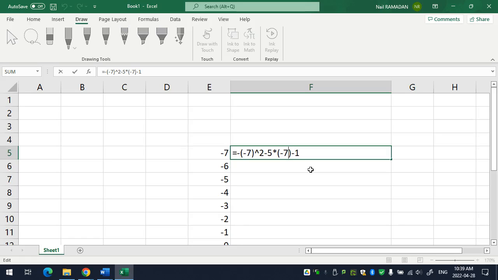Minus 7 squared is 49 with a minus. That's minus 49. Minus 5 times minus 7 is plus 35. Actually, honestly, I have no idea what's going on. I've never made a mistake with Microsoft Excel. I mean, you've seen me use it for so long now. Huh? Maybe?